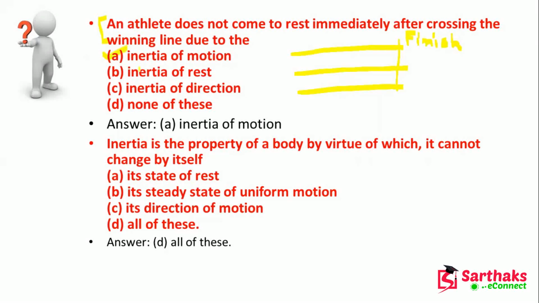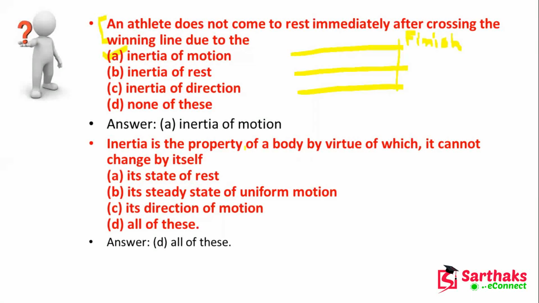Inertia of motion. Next, inertia is the property of the body by virtue of which it cannot change by itself. Options: its state of rest, its steady state of uniform motion, its direction of motion, all of these.